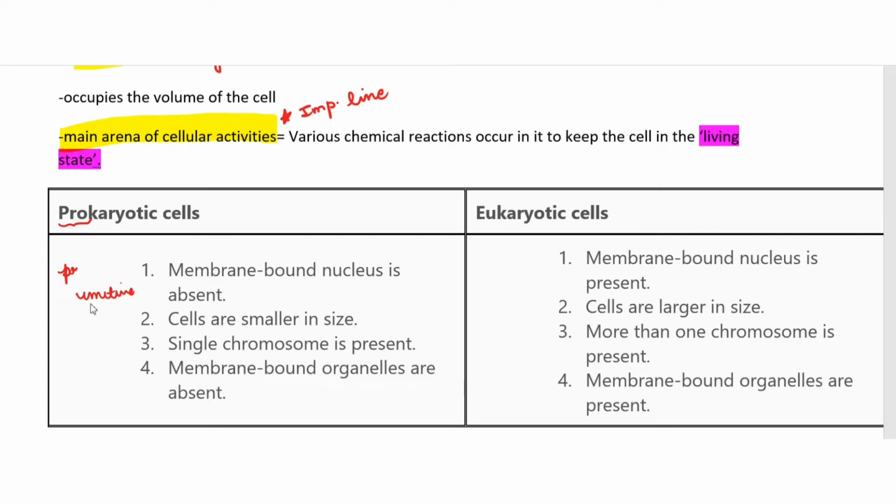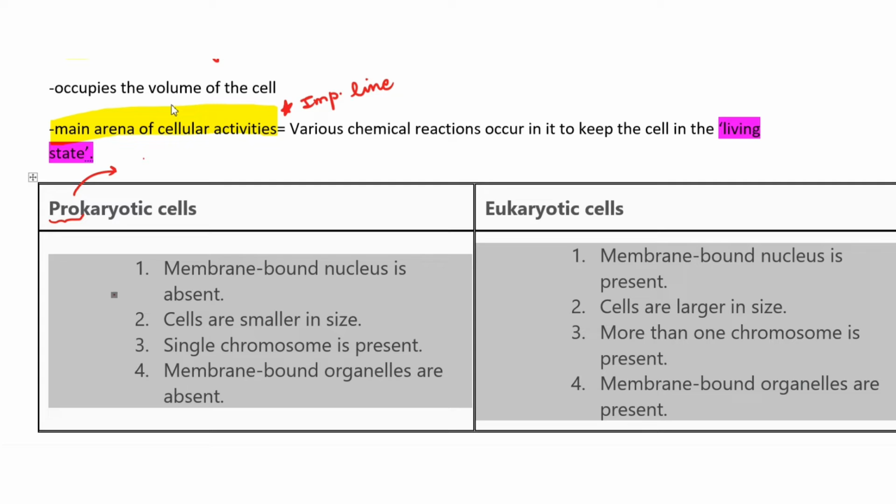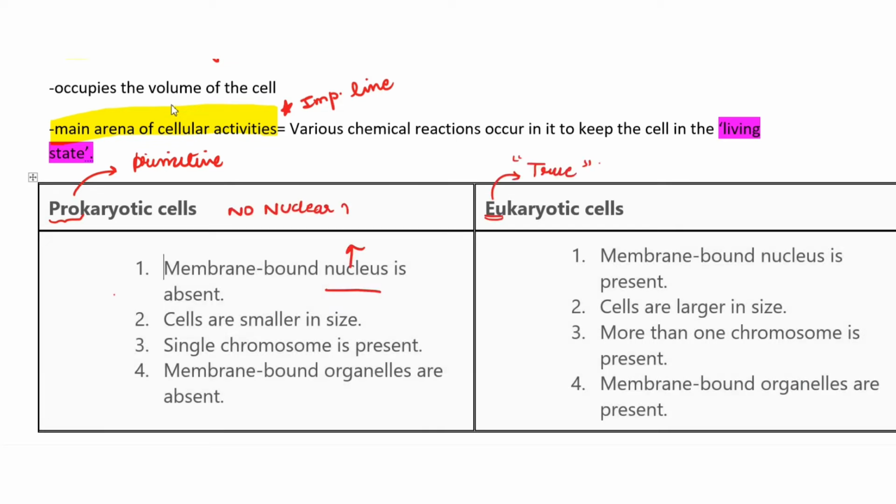Okay. So from the word prokaryotic cells, we saw the first point of difference is membrane bound nucleus is absent. So we said that there is a primitive nucleus. So the nucleus does not have a membrane around it. So the nucleus is free. It is naked. So the genetic material inside the nucleus is naked. Alright. So there is no nuclear membrane. Okay. And whereas eukaryotic cells have a membrane bound nucleus.